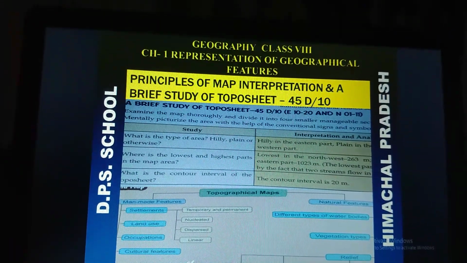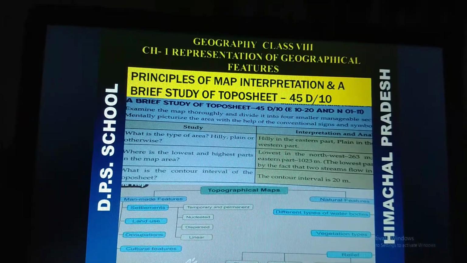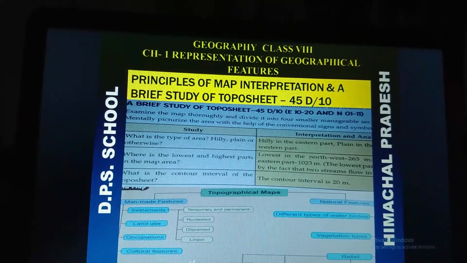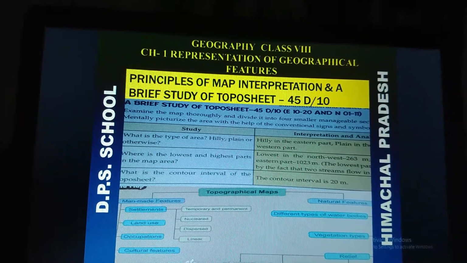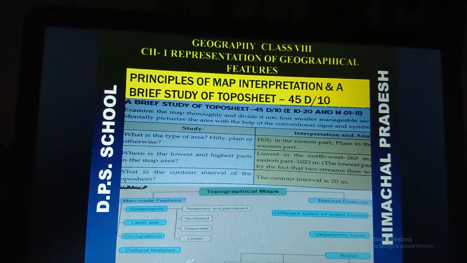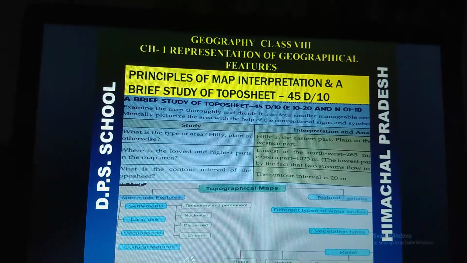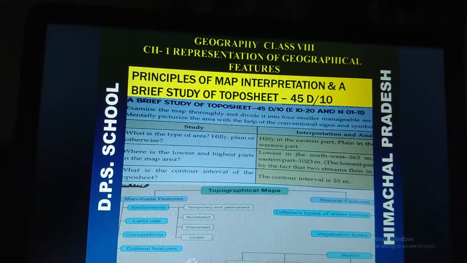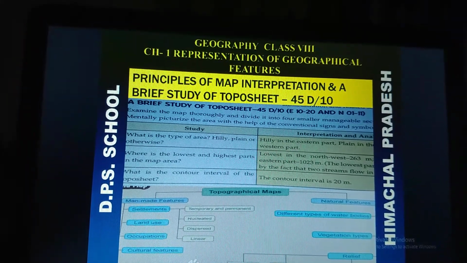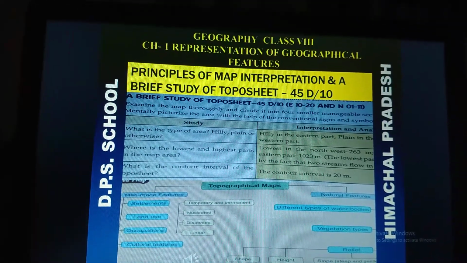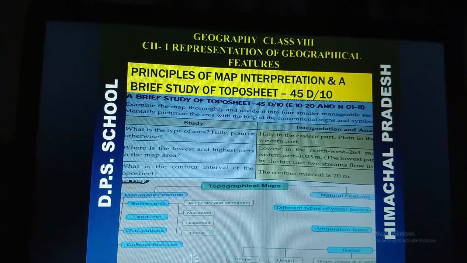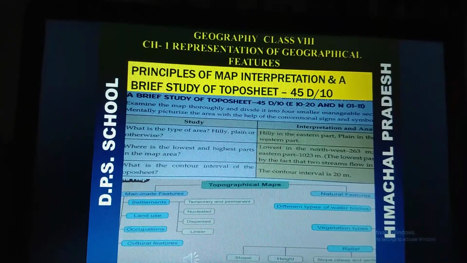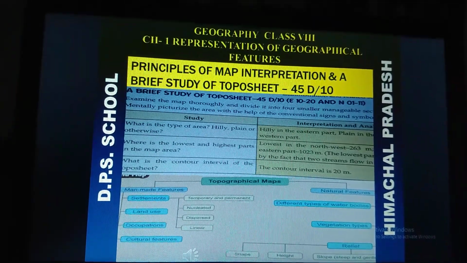Now we see the topographical maps. If you see in my PPT, you can see that there is a topographical map which I have attached, and just see that there are man-made features and natural features. If we see the man-made features, there are settlements. Settlements are of four types: temporary and permanent, nucleated, dispersed and linear.